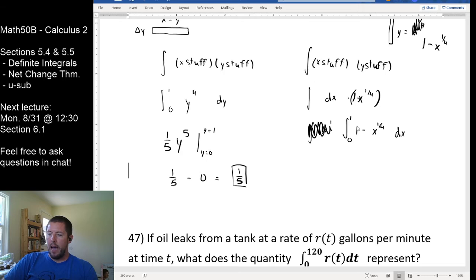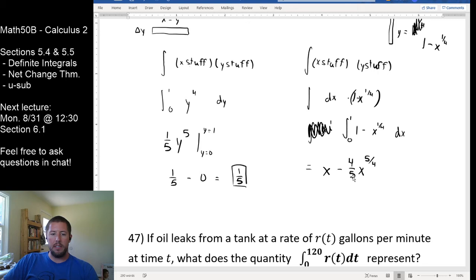Over here, for this guy, we can do a similar thing. Integral of 1 is just x. Integral of x to the 1/4, well, we're going to add 1 to the power. So 1/4 goes to 5/4. So I know I'm going to get something like an x to the 5/4. We've added 1 to the power. If I were to take the derivative of this, a 5/4 would pop down. I need a term that's going to cancel that because I only want to get the 1.